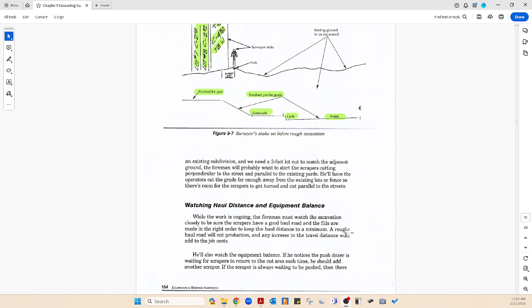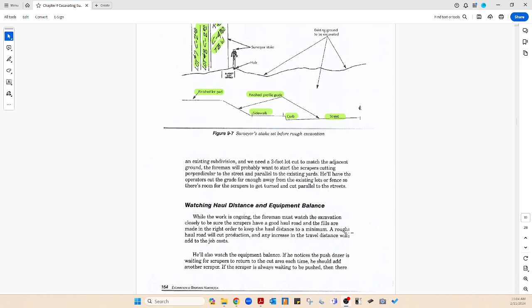Station 00 plus 00 may need to be a fill. In other words, it's too low there. So you move on down up station, they call it. Maybe we need to start 100 feet away at station 100 and move dirt back toward 00.